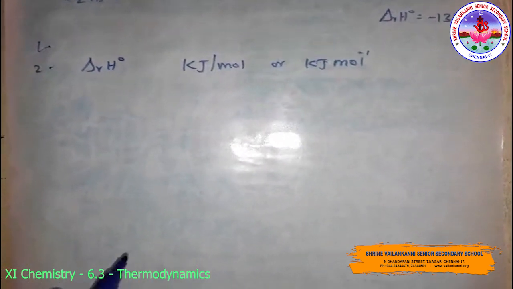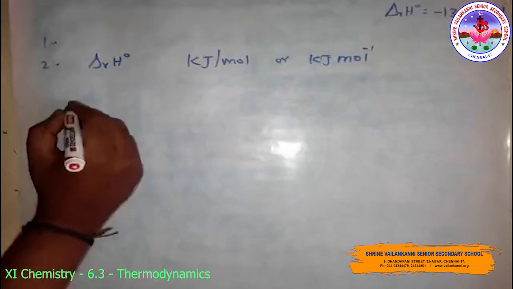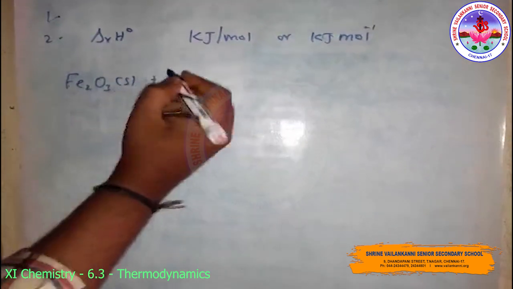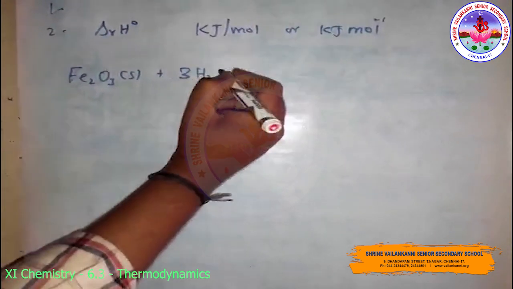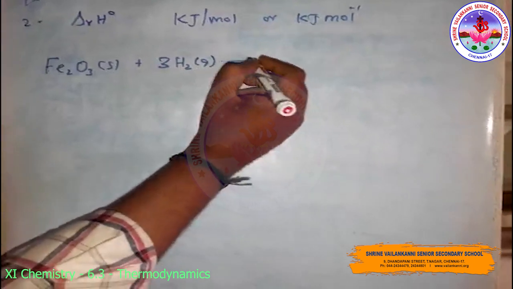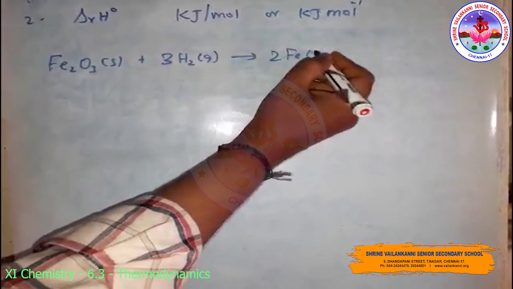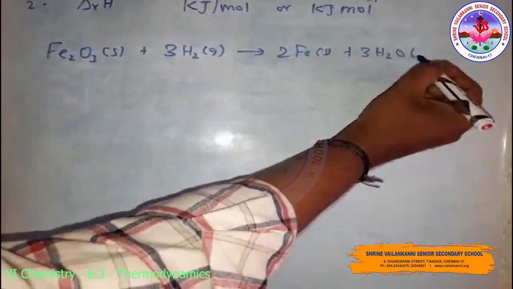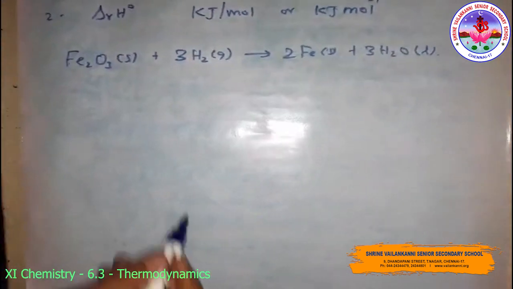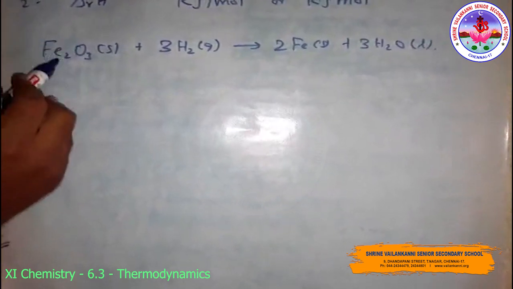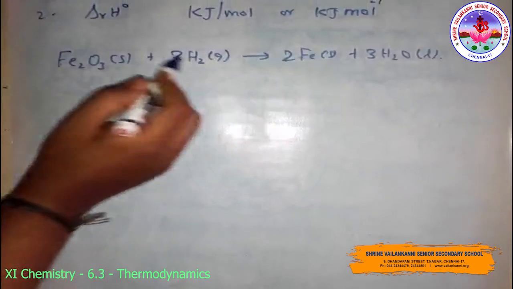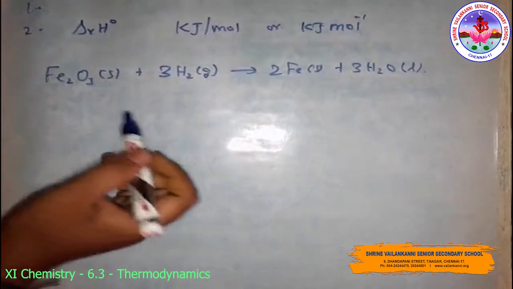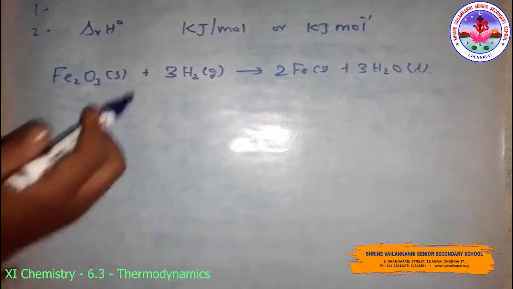For example, I will write this reaction: Fe2O3 solid, ferric oxide, reacts with 3 moles of hydrogen gas to form 2 moles of iron solid and 3 moles of liquid water. For Fe2O3, H2, Fe, you must look at the physical state; in table 6.2 the values are given.